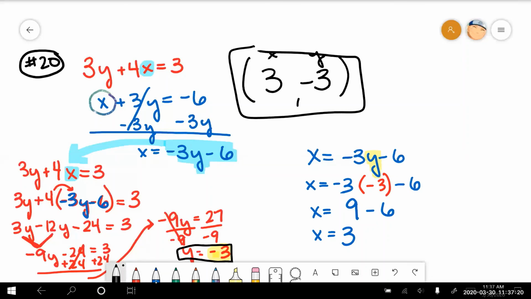Okay, so I'm going to leave the check to you for this one. Those are 3 examples you can look to for your homework. The first one being with 2 equations where they're set up y equals. The second one, an equation where one variable is set up and the other is in standard form.